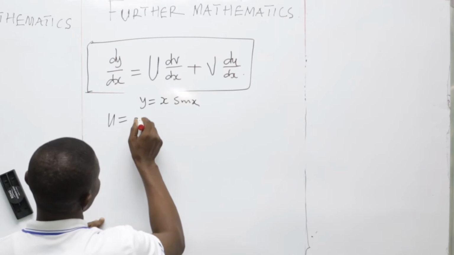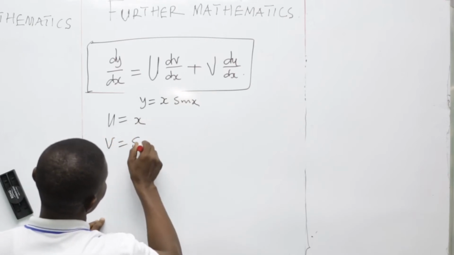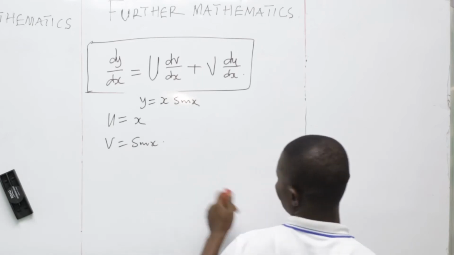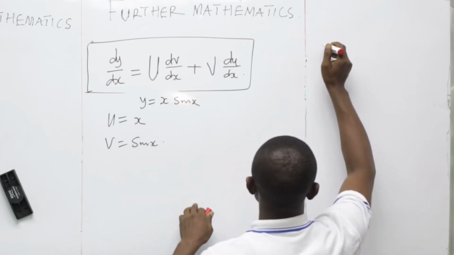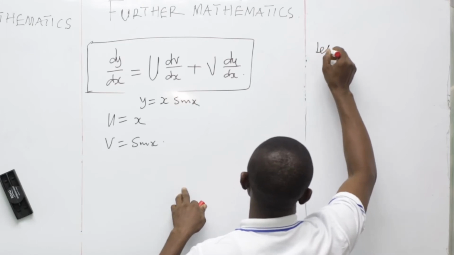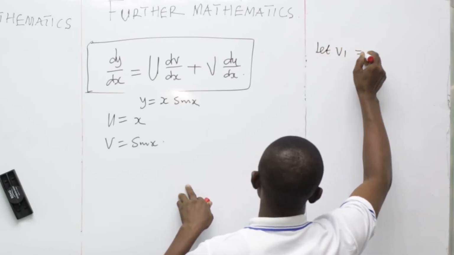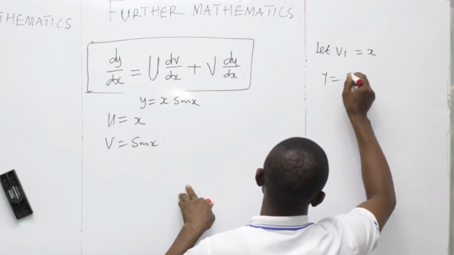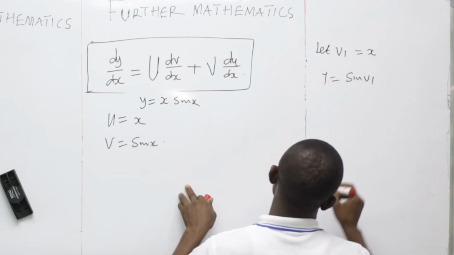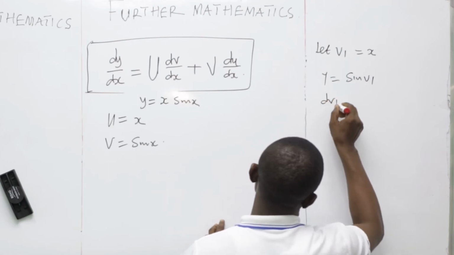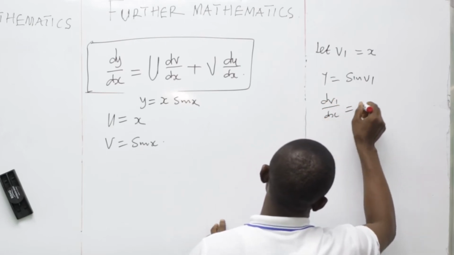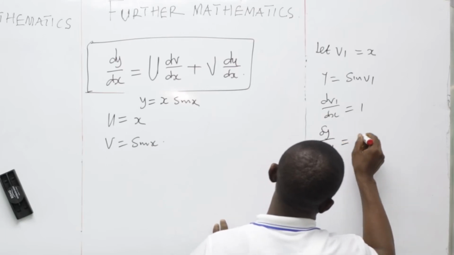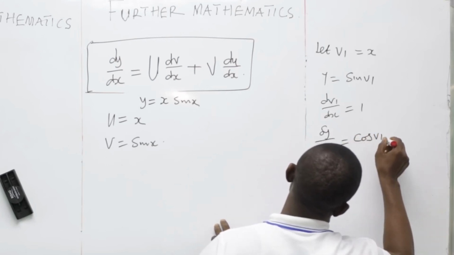Let u equals x and v equals sine x. Remember what we did when we had sine 2x? Say let v1 equals x and y equals sine v1. So dv1/dx equals 1, and dy/dv1 equals cos v1.